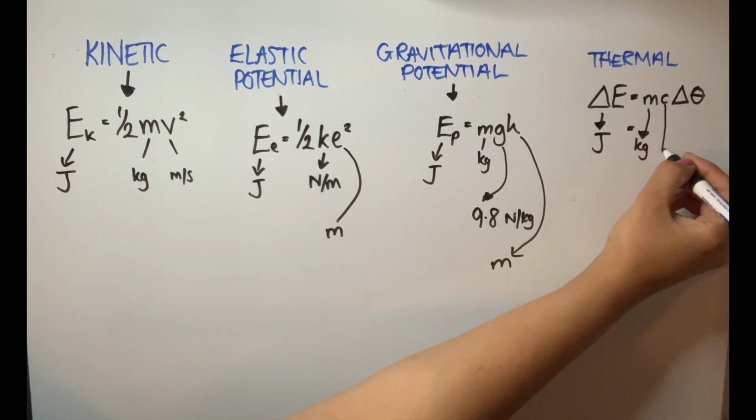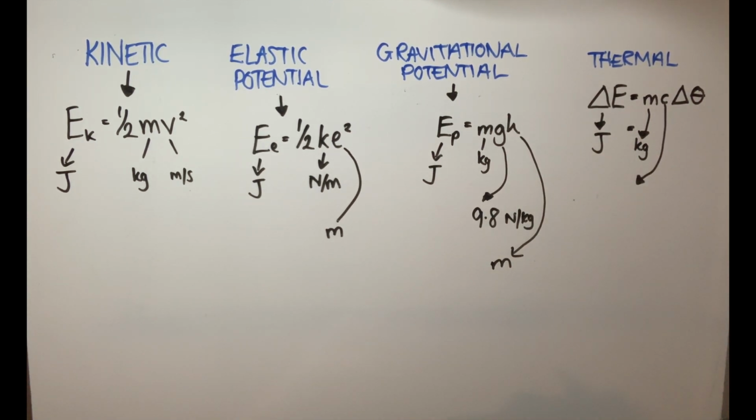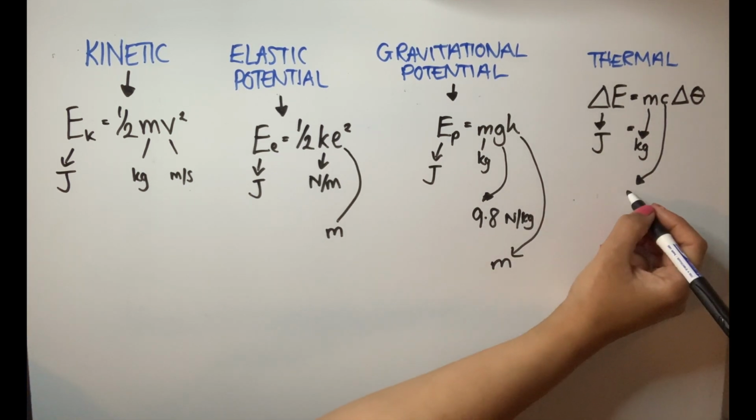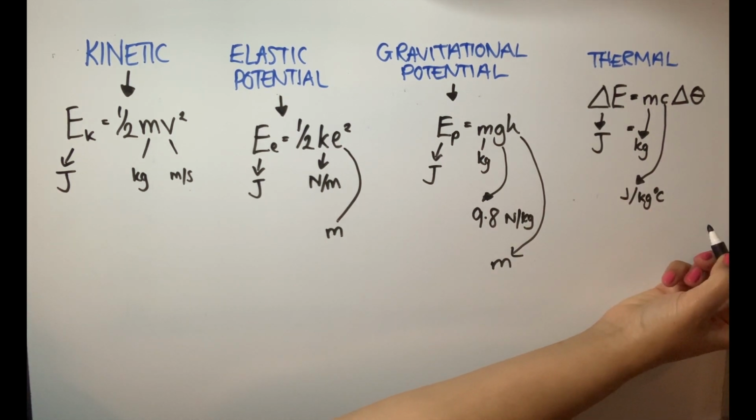Now C is known as the specific heat capacity, and a specific heat capacity is the amount of energy required to increase the temperature of 1 kilogram of a substance by 1 degree Celsius. So that is therefore measured in joules per kilogram degrees Celsius.